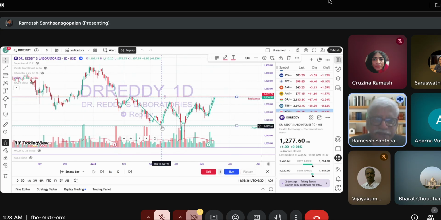Here it came up to this level, it went up. Again it came to this level and started moving up. Again it has come down, moving up.